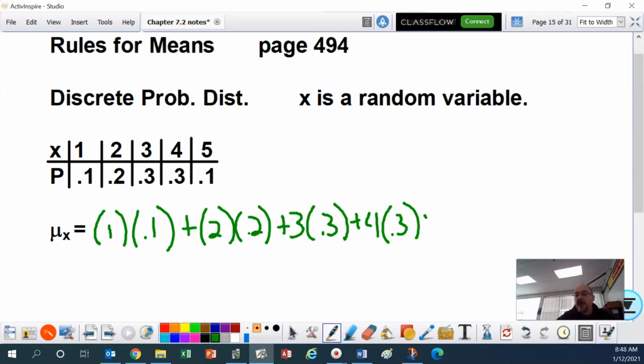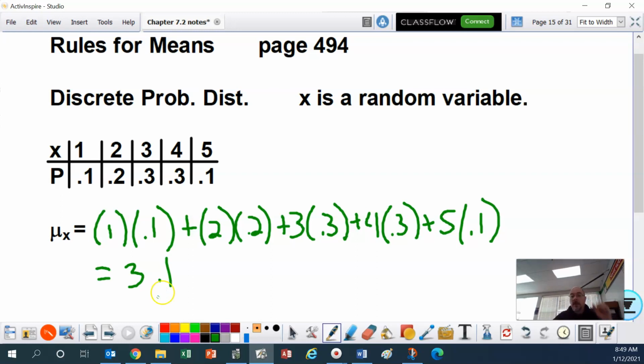Again, this is finding the expected value or the mean or the average. This is just a general problem, I didn't put any context into it. We get an average, or expected value, of 3.1.